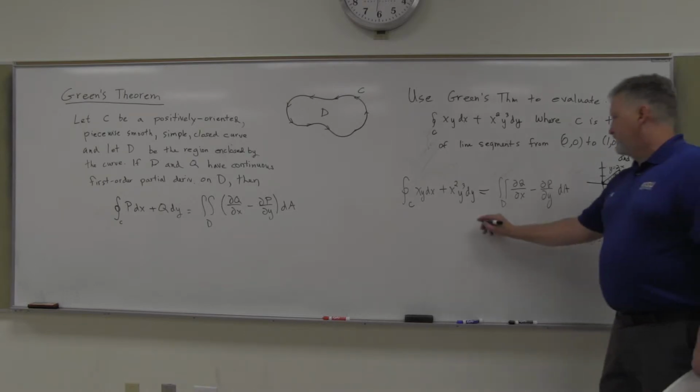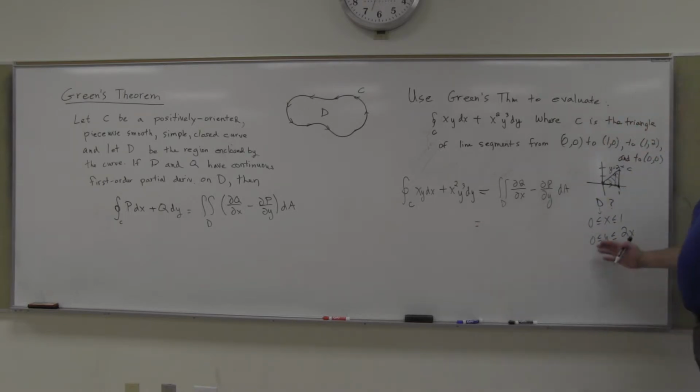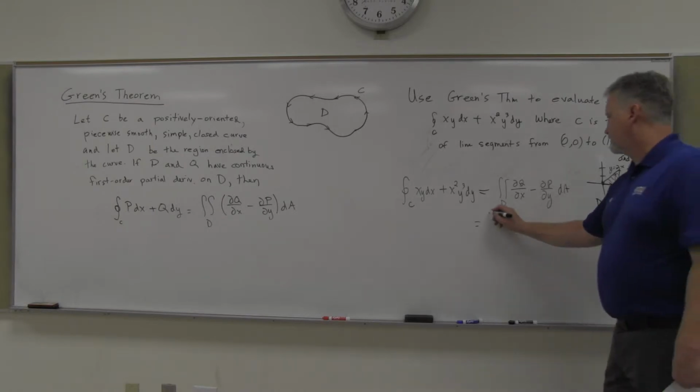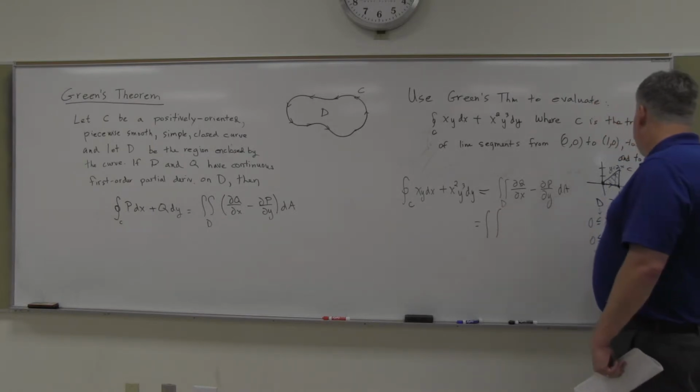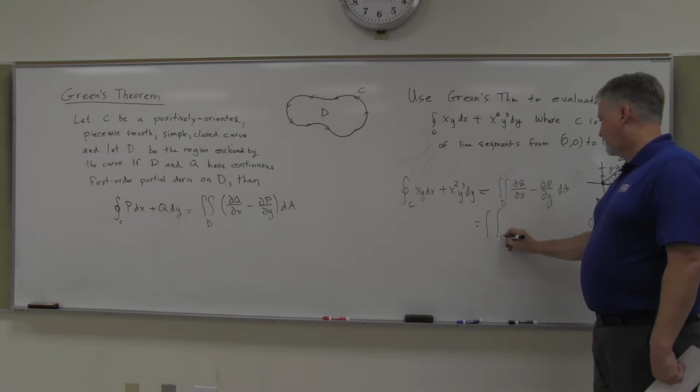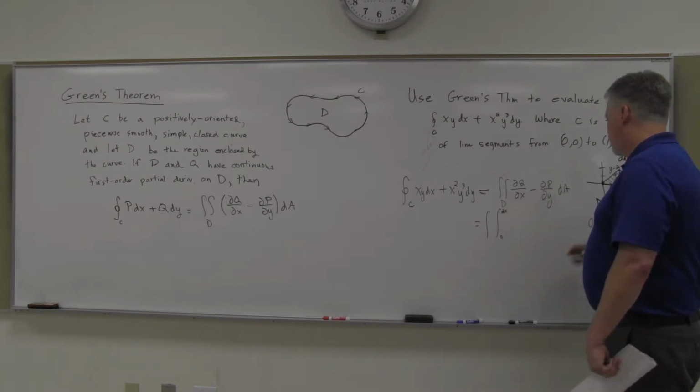So I've got my D, and we've kind of got it set up. We integrate the y's first, so it'd be 0 to 2x for the y's, and then 0 to 1 for the x's.